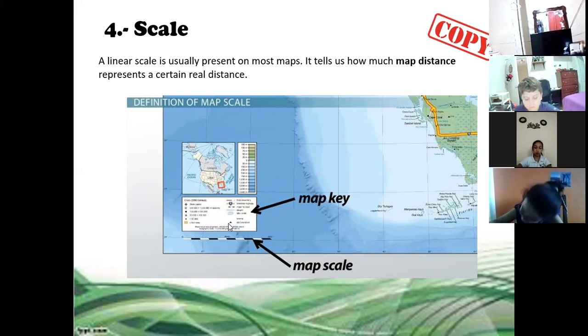So this line indicates the scale of the map. And we can find the distance from one place to another using the scale. Because of course maps are on a page, small.